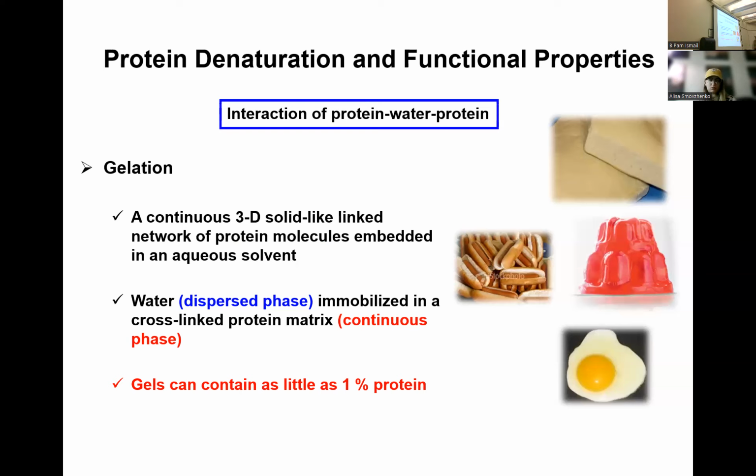So depending on the protein, they can have good gelling versus poor gelling ability. So how do we usually assess gelation properties, whether a protein can be a good gelling agent?